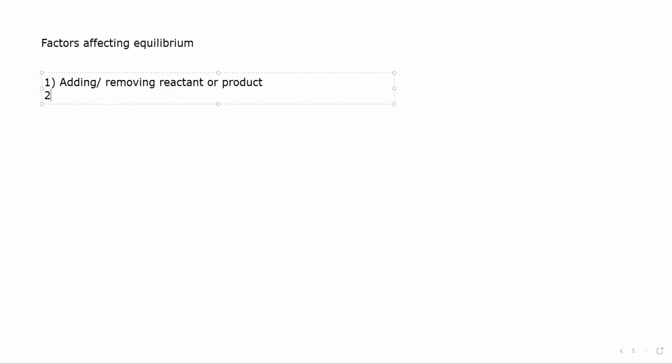It can be affected by temperature, or by pressure, only for gaseous reactants and products. So these are the factors we will discuss tomorrow.